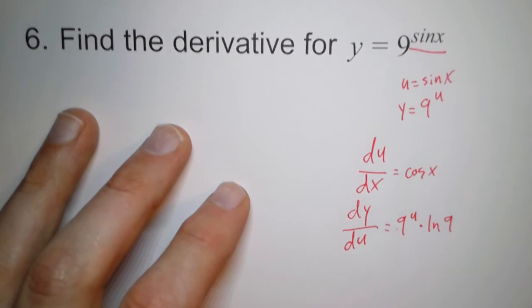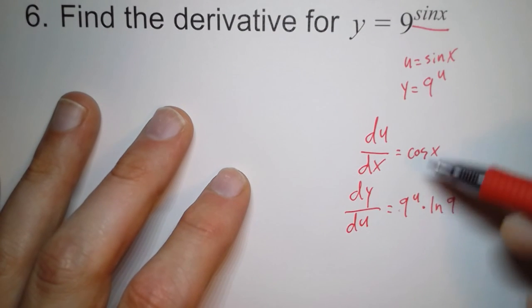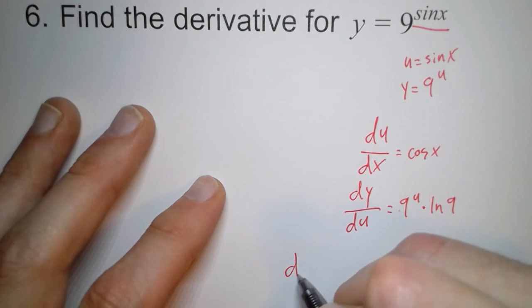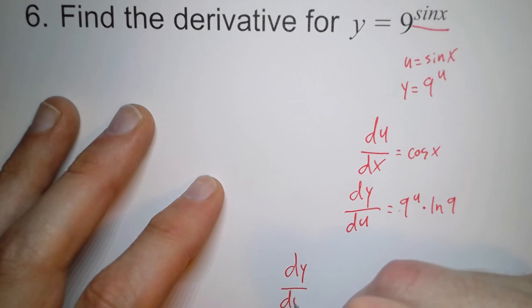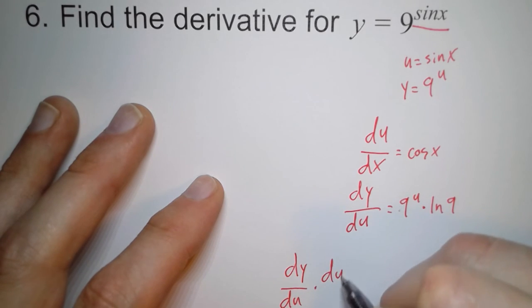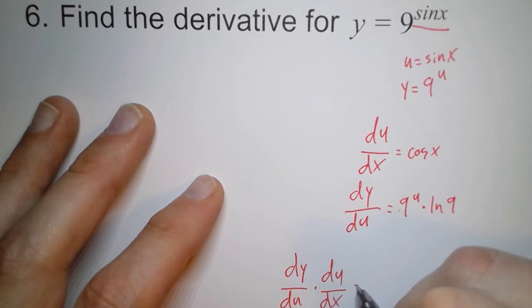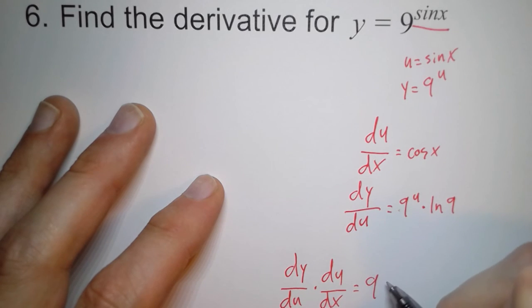So now to find the derivative, what we do is we multiply these two. dy du times du dx equals 9 to the u times ln of 9 times cosine of x.